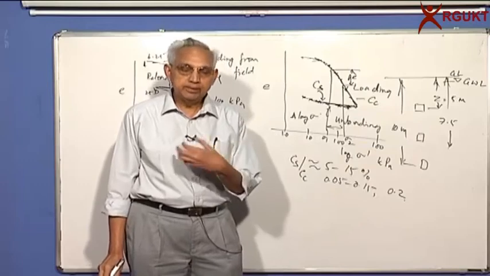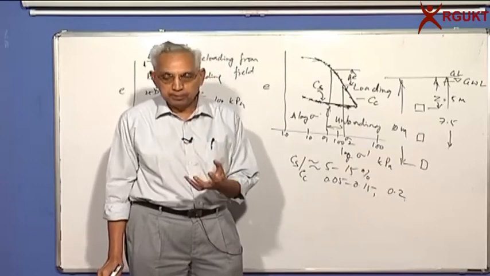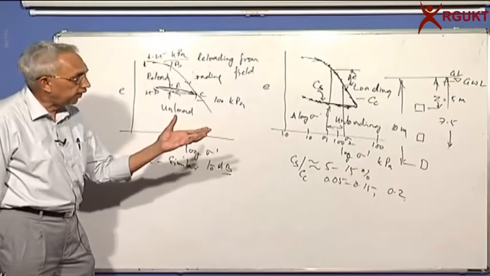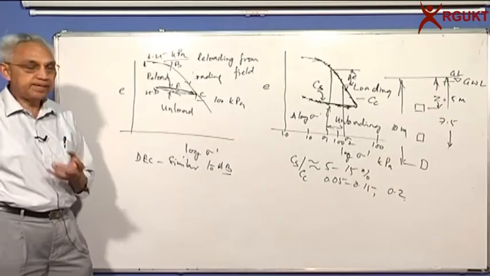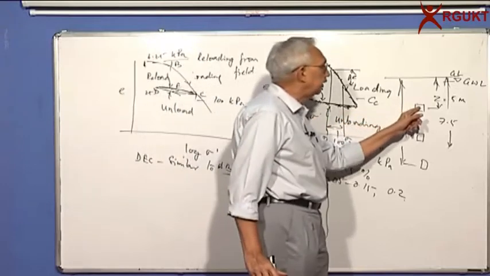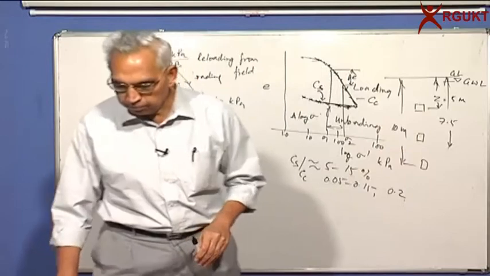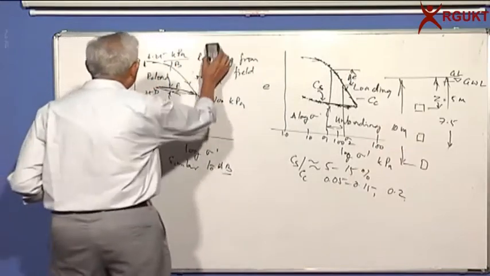Is there a way in which we can find out from the log plot or this e-log-p plot what was the stress acting in the field at this location? Casagrande gave one simple construction in order to find that out.